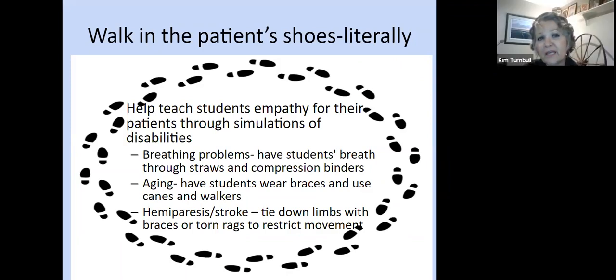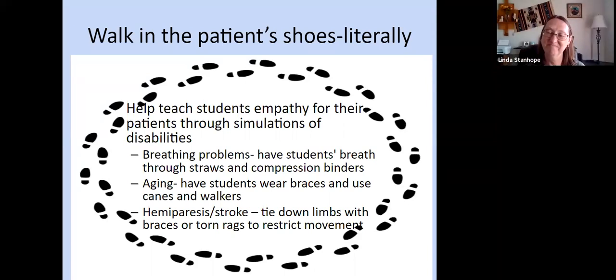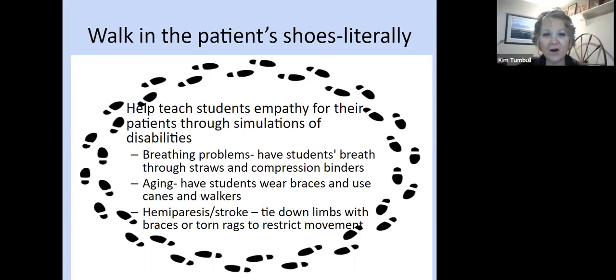So in our classrooms, it's so much better to get them up out of their seats and really live the dream. This little lab right here is talking about how you would feel if you were walking in the patient's shoes, literally.